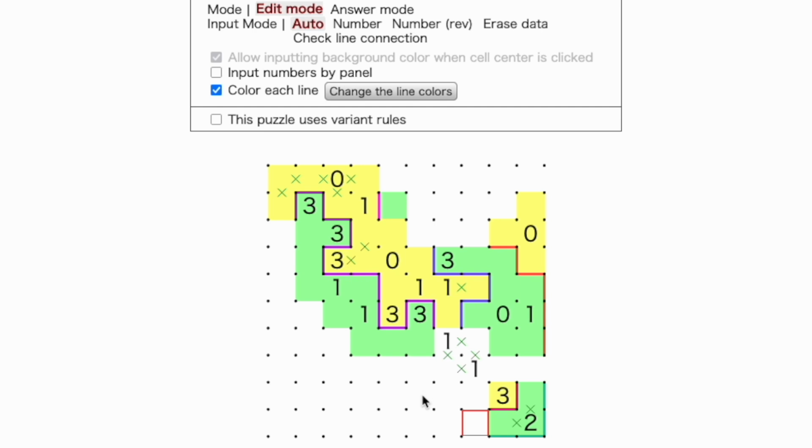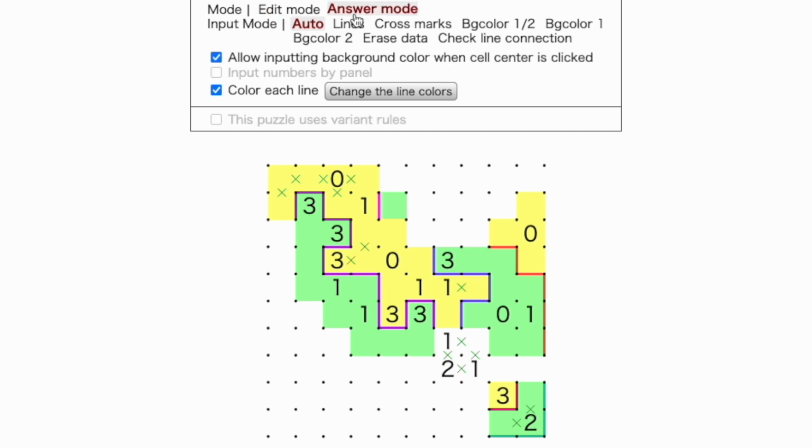Let's assume that this is going to be yellow and, well, we're going to just go ahead and put a 2 here. By putting a 2 there, we force lines here.